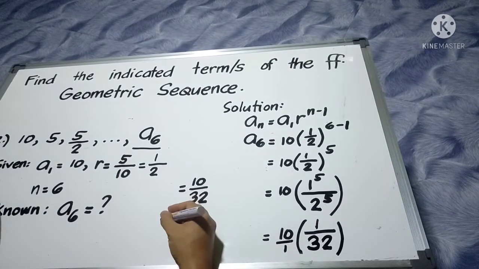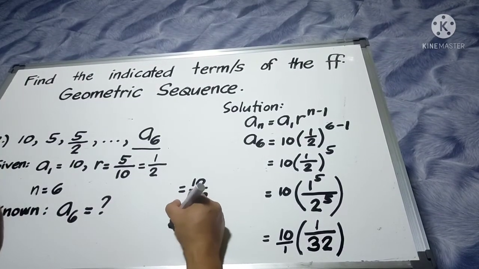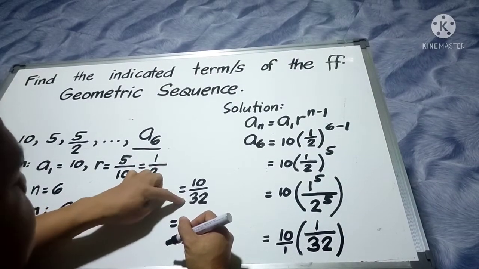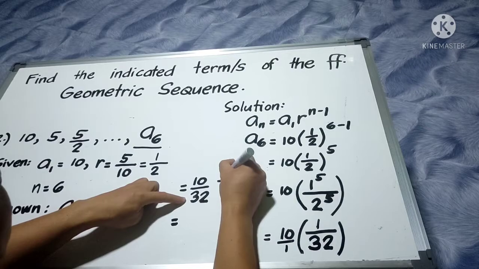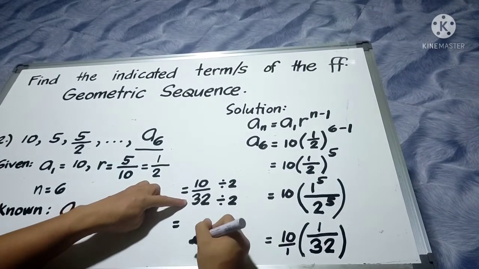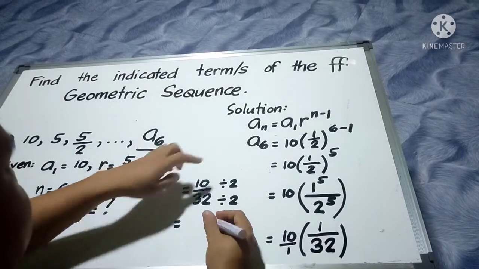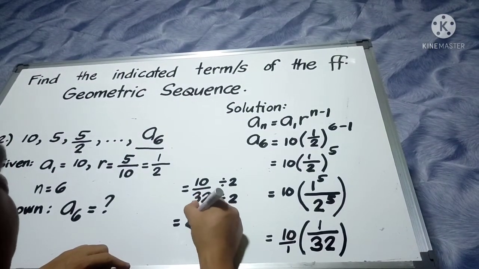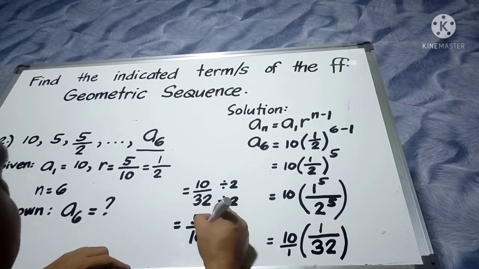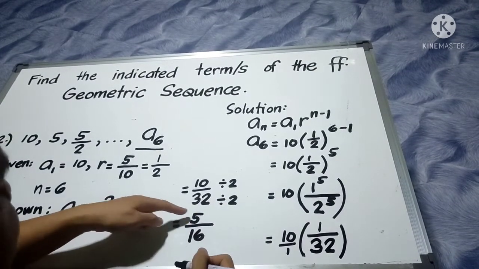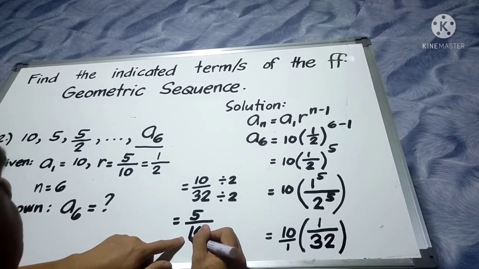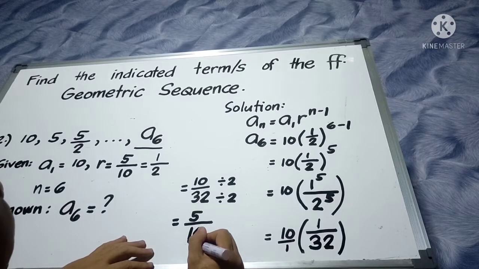10 over 32 is reducible. So you're going to reduce it by what number? Both are divisible by 2. So you divide this by 2, you divide this also by 2. So 10 divided by 2 is 5, then over 32 divided by 2 is 16. 5 and 16 don't have any more common factors because 5 is a prime number.